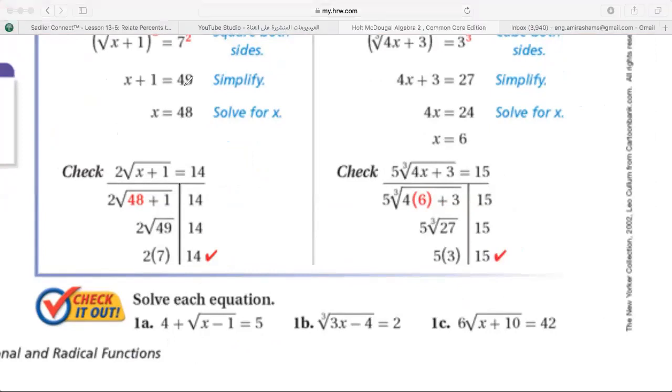I will try to write it. I have here 4 plus square root of x minus 1 is equal to 5.